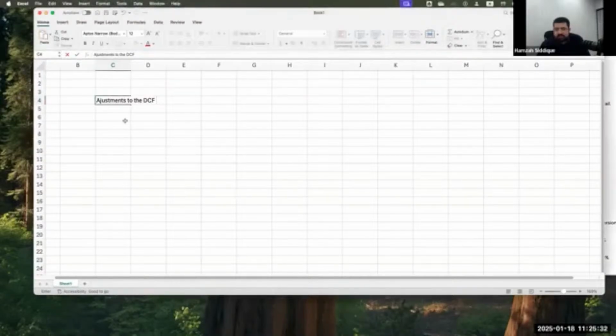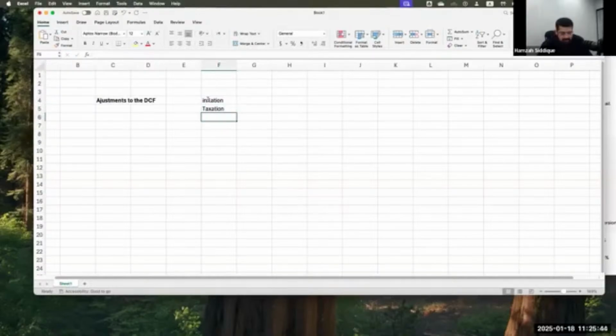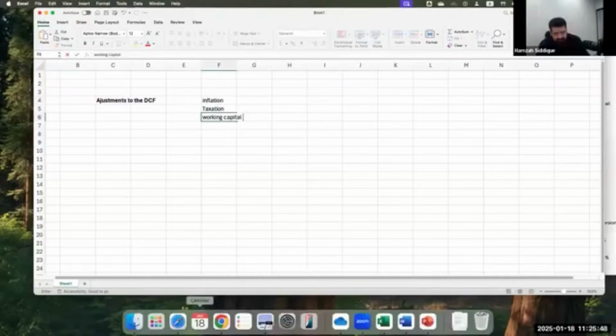First adjustment is that of inflation. Then is that of taxation. Then is that of working capital. Then is that of risk and uncertainty.